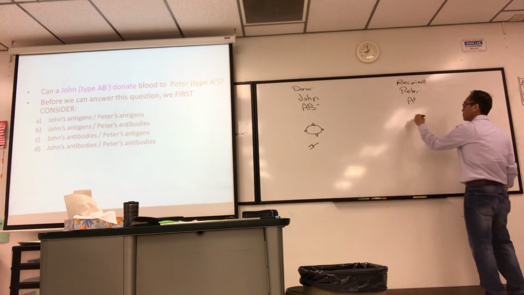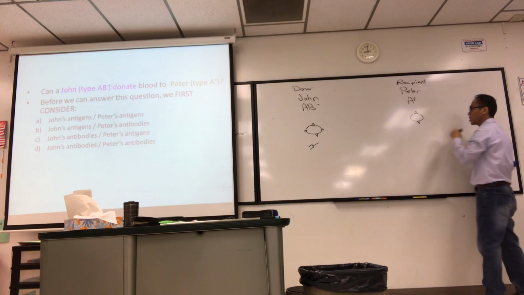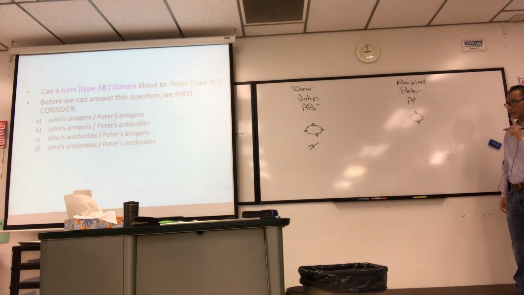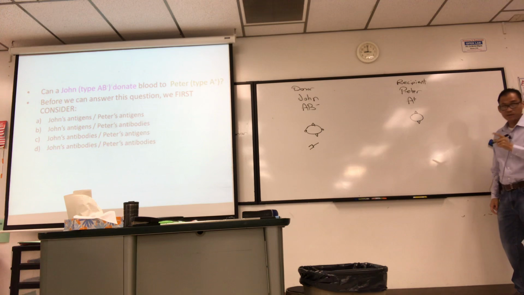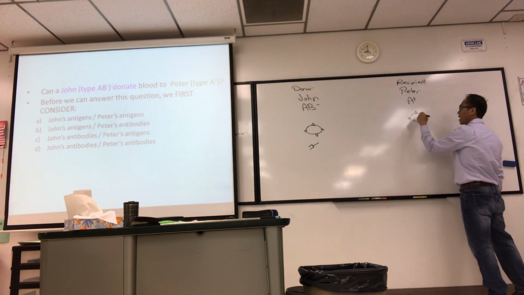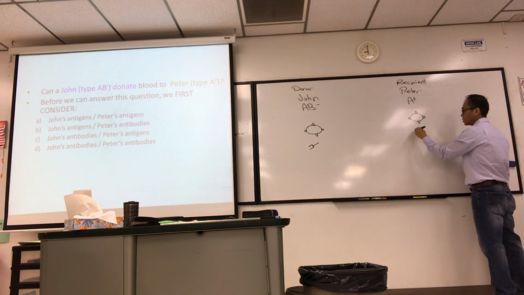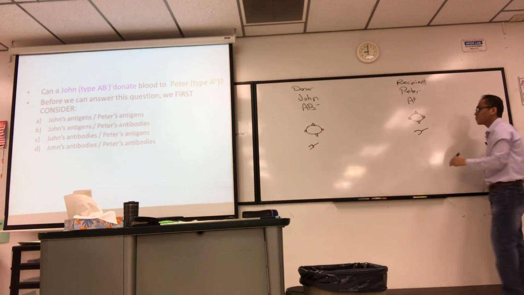Peter is A positive. So Peter has A antigen triangles and Rh antigen squares. And the antibodies Peter would have would be against B, anti-B. So circle-shaped antibody.